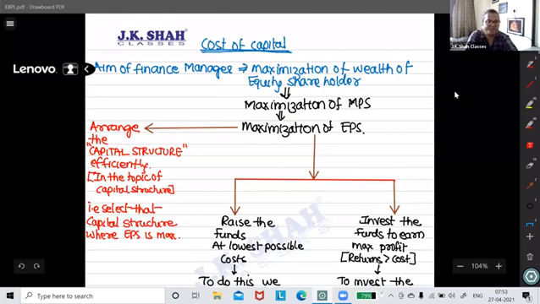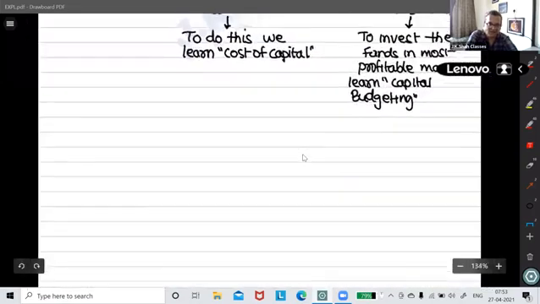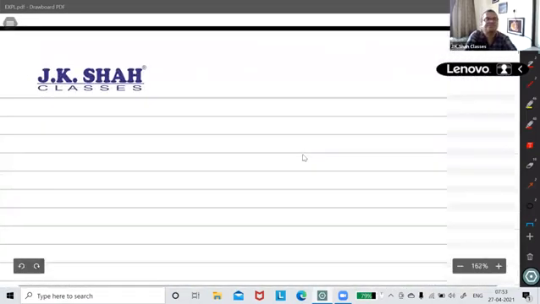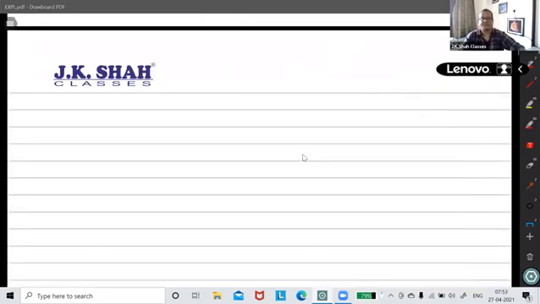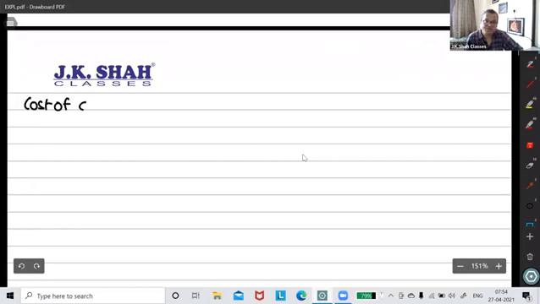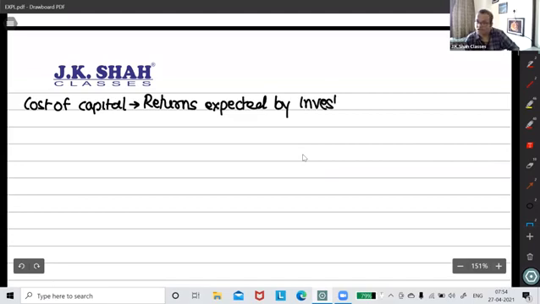Okay, fine. So I plan to now talk at length about the various costs. Initially in this topic, what is this cost of capital? This is returns expected by the investor.